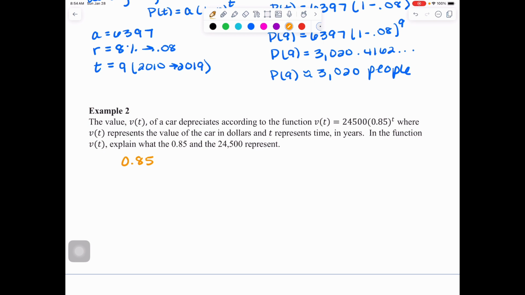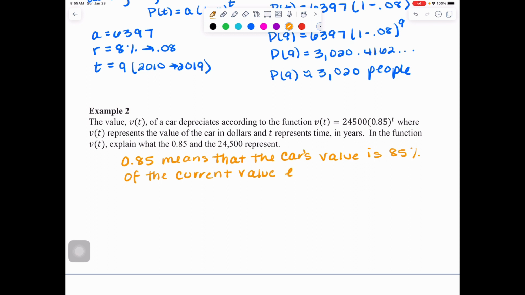So what I would say is 0.85 means that the car's value is 85% of the current value each year.